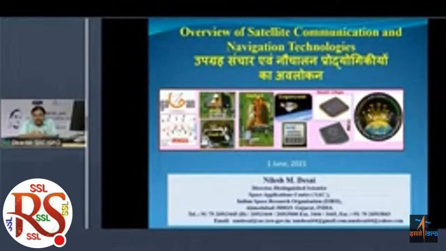So already we have started the developments, but we are going to launch probably early next year or by this year end our first flight, which will be an unmanned flight. You would have heard about it yesterday also. But I address it more in the context of how we are going to utilize satellite communication and navigation in this Gaganyaan also.